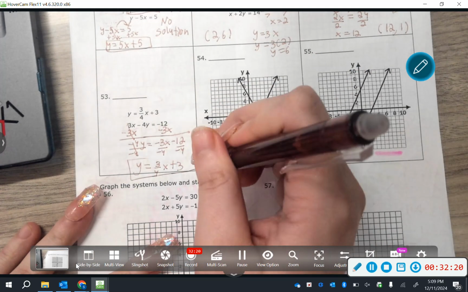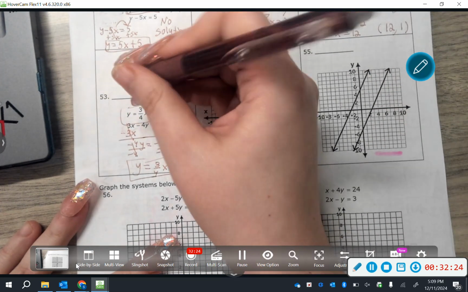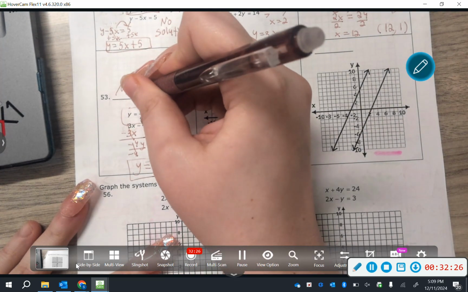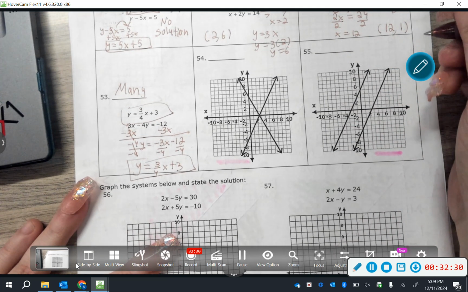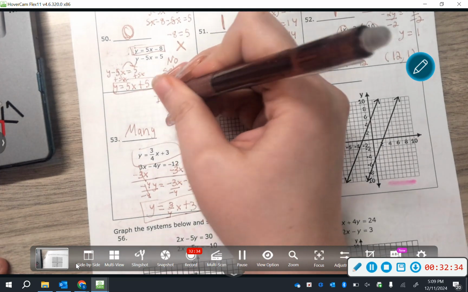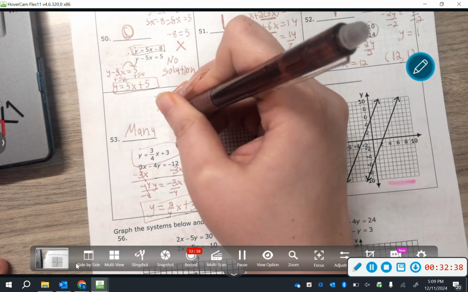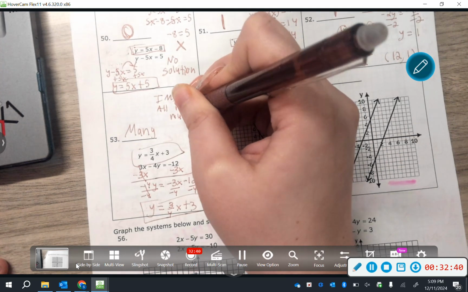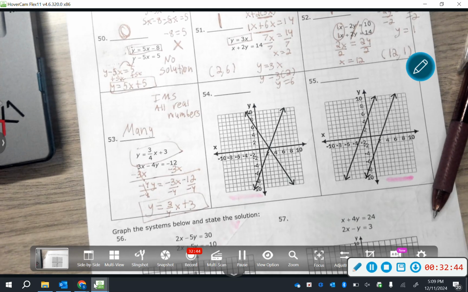First of all, you should notice that these two are the same exact equation, which means they're exactly the same, and it's going to be infinitely many or all real numbers. It's called infinitely many solutions, IMS. It's also called all real numbers. These are the same exact line. I'll show you if you plugged it in.